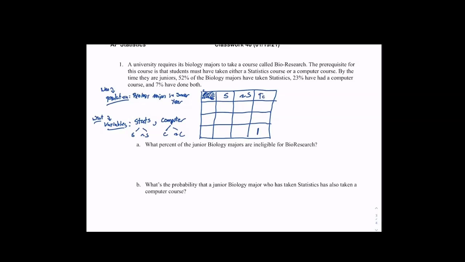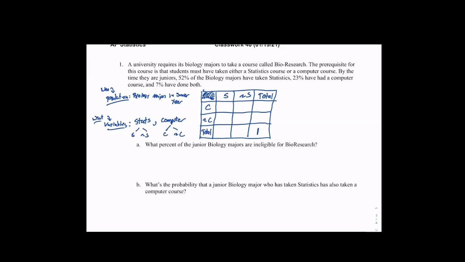Total. Okay. What do I label the left column? C or not C? Have they taken computers or not taken computers? And you're always missing that last one. What's the bottom left always? Total.